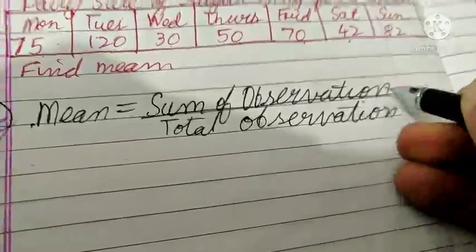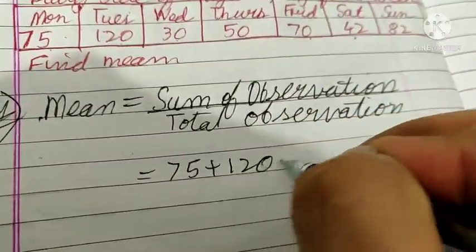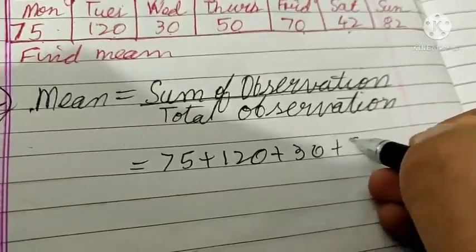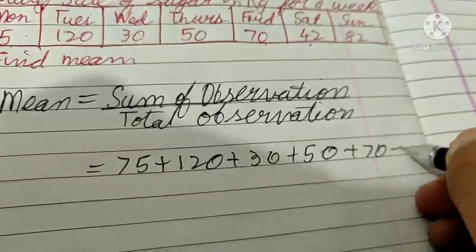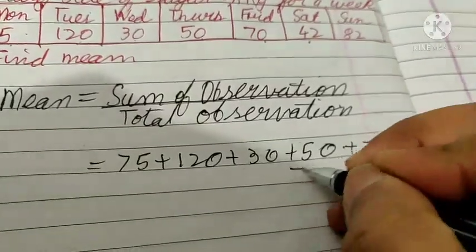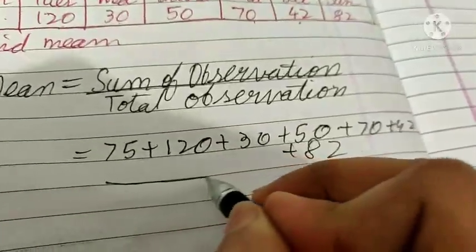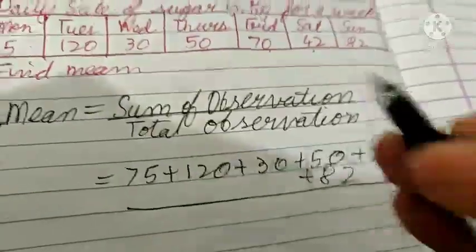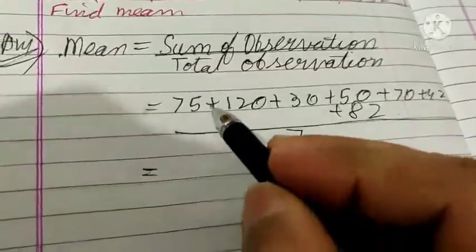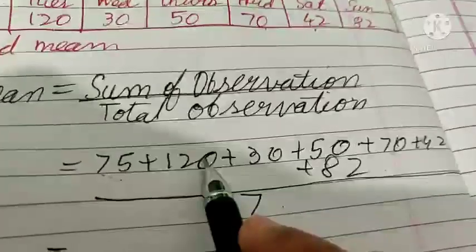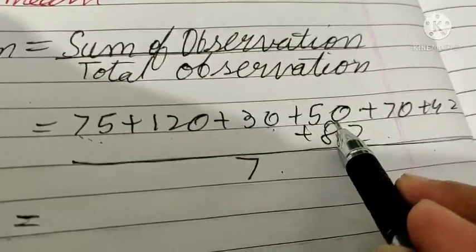So what were the observations? That is 75 kg sugar, then 120, then 30, then 50, then 70 plus 42 plus 82, upon the total number of observations, it is 7 for 7 days. Now we will add them. 75 plus 120 plus 30. 120 plus 30 is 150. 150 plus 50 is 200.